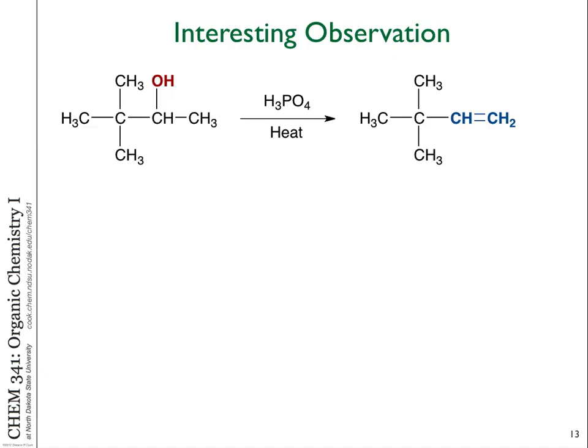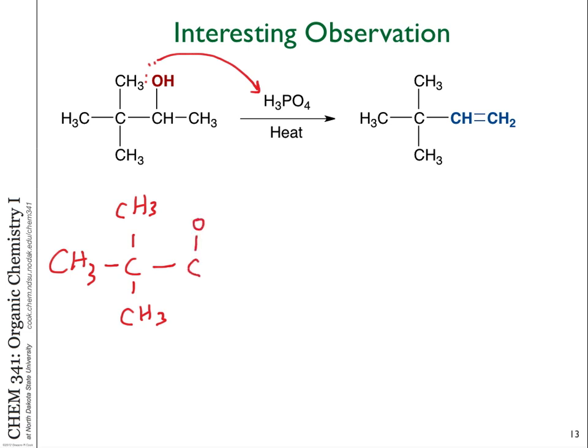So if you take a look at this, let me just make some room here to draw on. If we follow the same reaction mechanism, what's the first step? Protonate the alcohol with the phosphoric acid. That would lead to this intermediate. I'm just going to say OH2. You understand that, right? Okay, that's the intermediate.